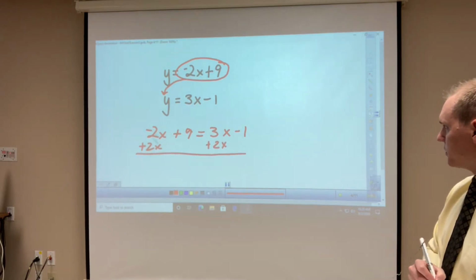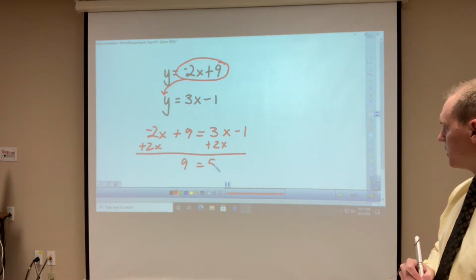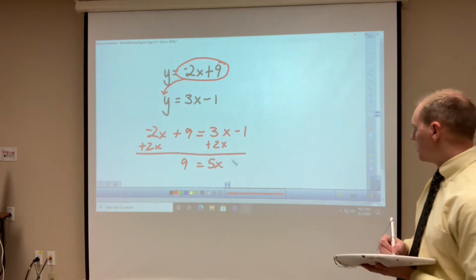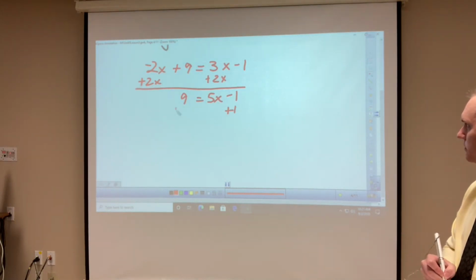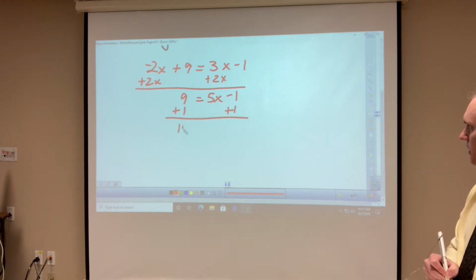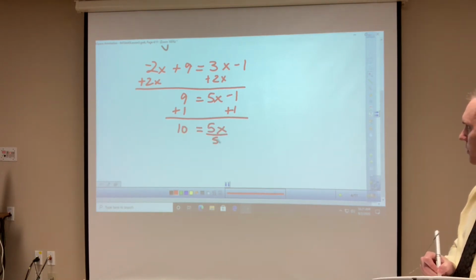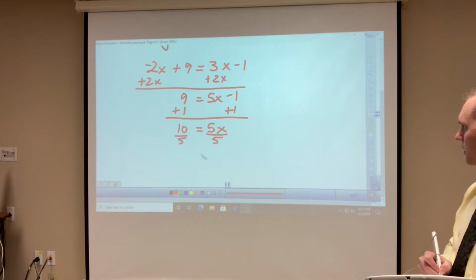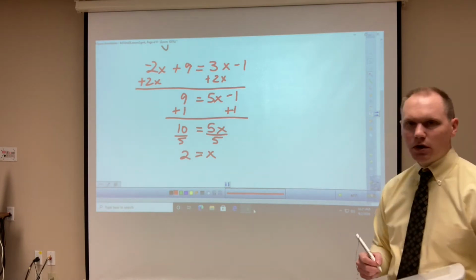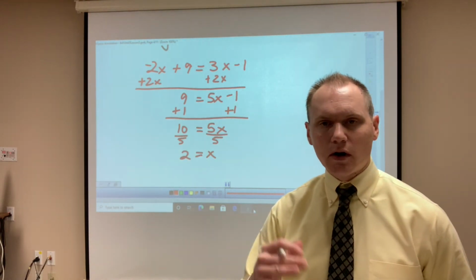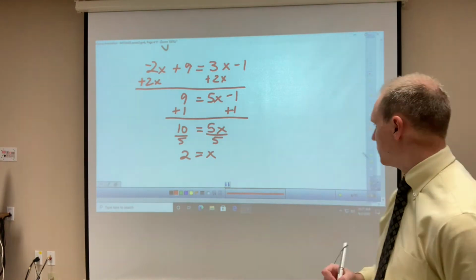That's going to be 0x over here, so it'll be 9 equals 3x plus 2x, which is 5x, minus 1. Then, of course, we can add 1 to both sides. It'll give us 10 equals 5x. And then from there, we can divide both sides by 5, giving us x is equal to 10 divided by 5, which is 2. So the x coordinate of our point that satisfies both equations is 2.